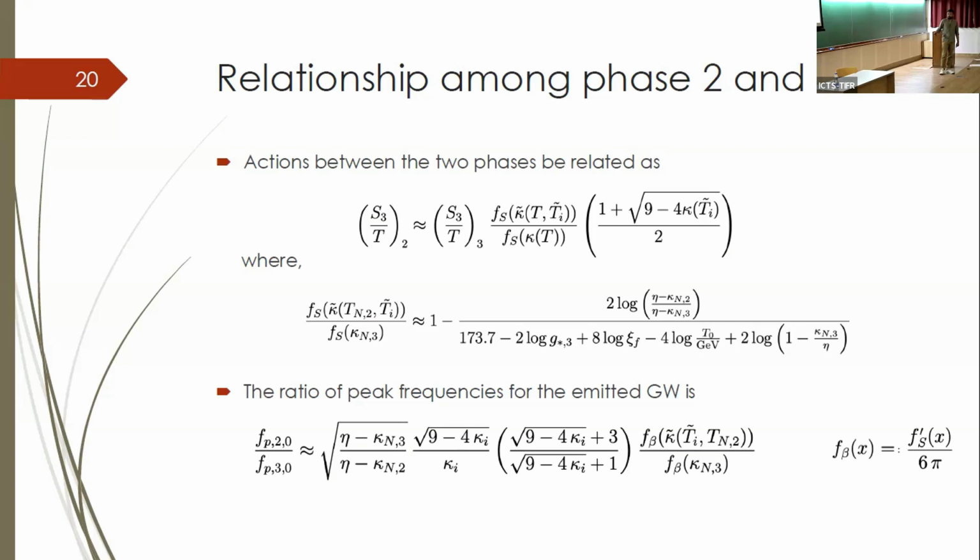Because we know the bounds on eta and kappa for the polymer-like potentials, we can find the maximum amount of separation you can have for peak frequency 2 versus peak frequency 3. And this is roughly an order of magnitude. So you can't do better than separating the two phases by more than, let's say, an order of magnitude.